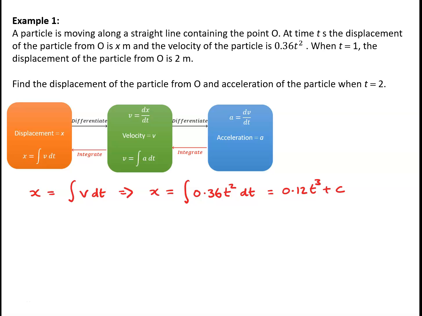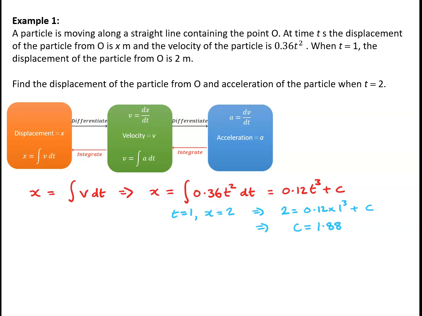To find the constant, I need to use the information that when t equals 1, the displacement of the particle from O is 2 meters. So when t equals 1, x equals 2, but my rule is telling me that x is 0.12 times t cubed plus c. So I've got the little equation 2 must equal 0.12 times 1 cubed plus c, which tells me that c is 1.88.